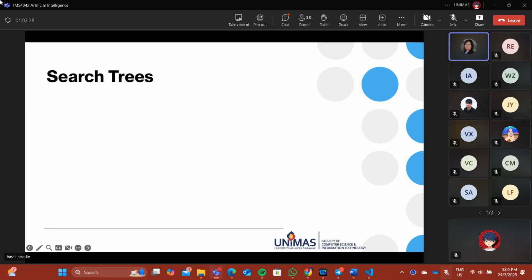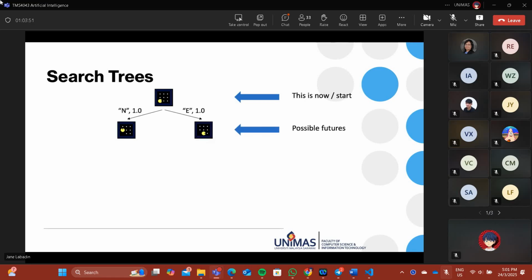But in a search tree, you can have something like this. At the top is your starting position, or the current position. Then you create a branch downwards to indicate the possible successors.